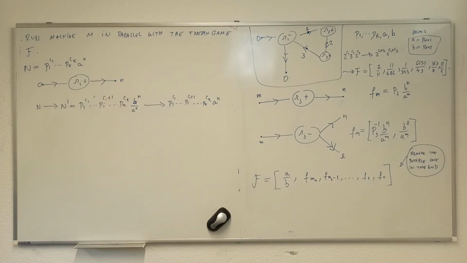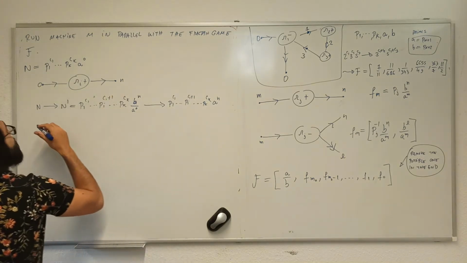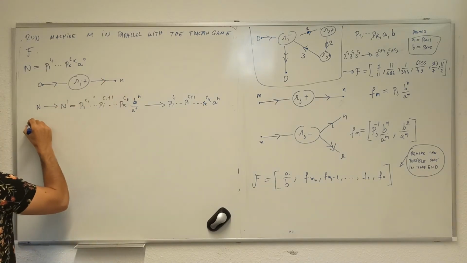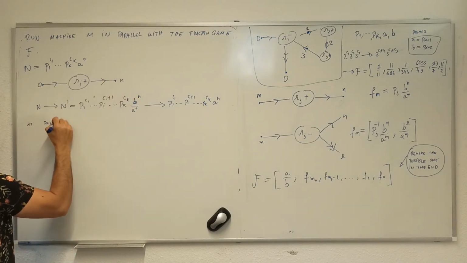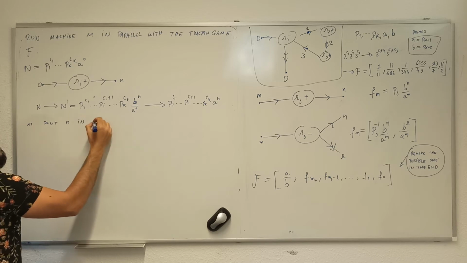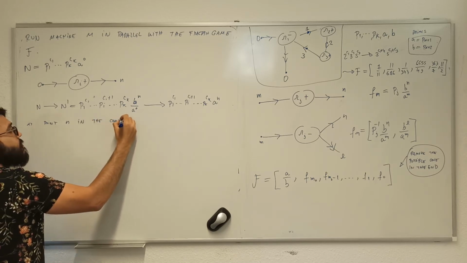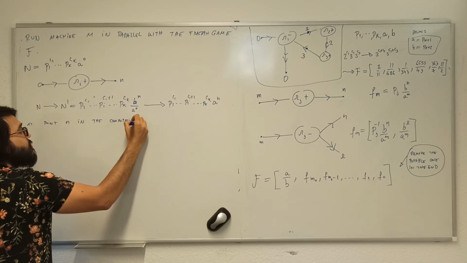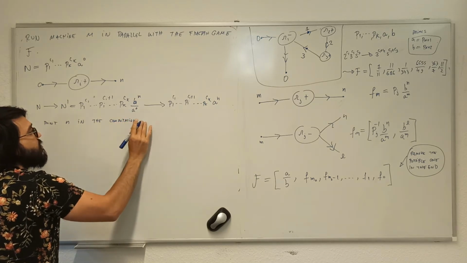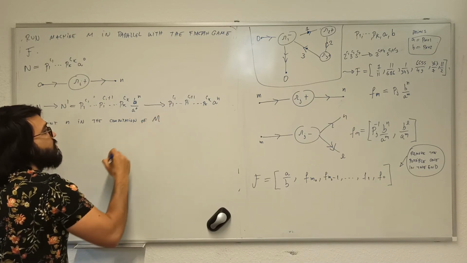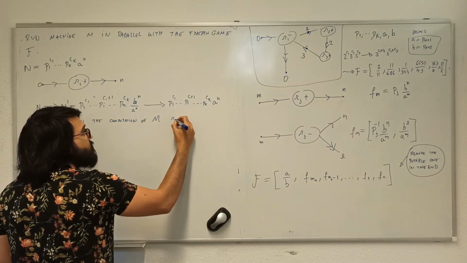Okay, and in this part, we know that at point n in the computation of the machine M, we had the registers.